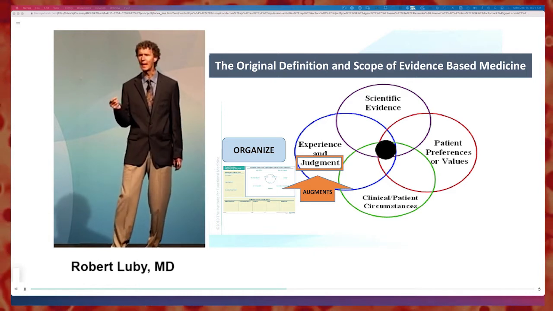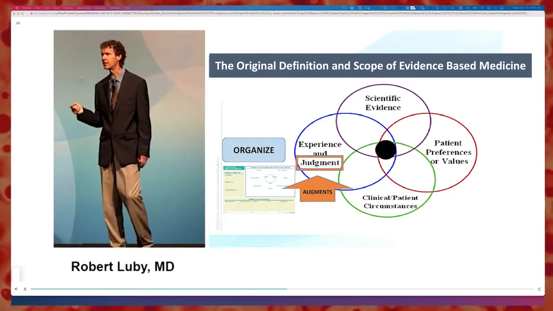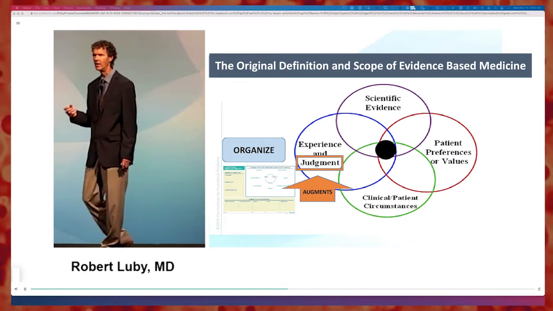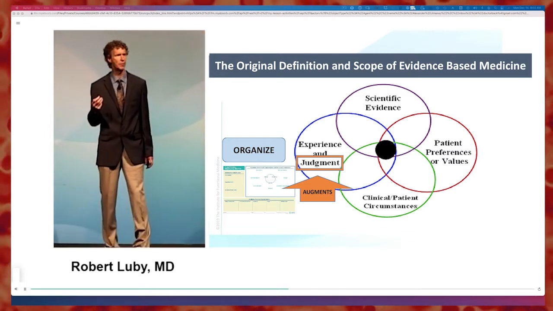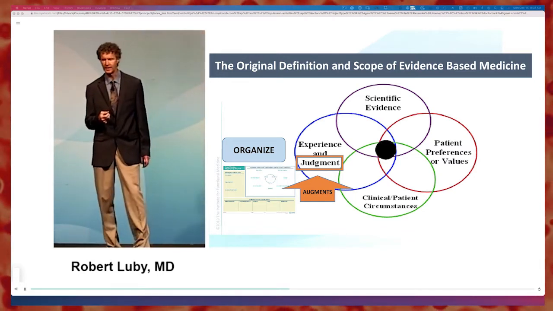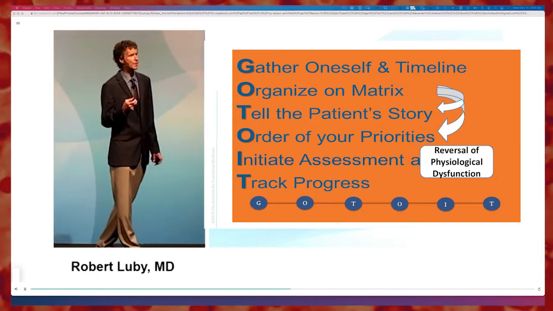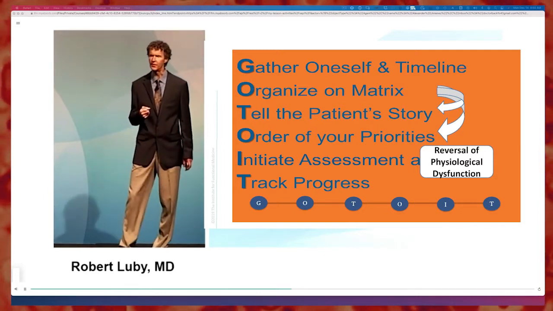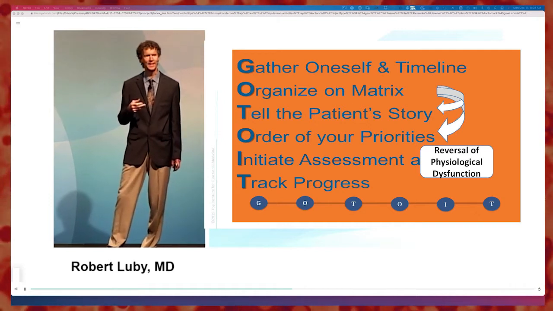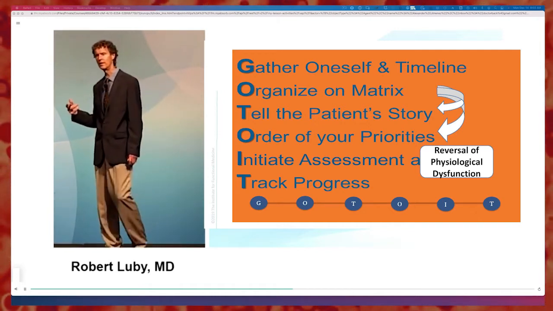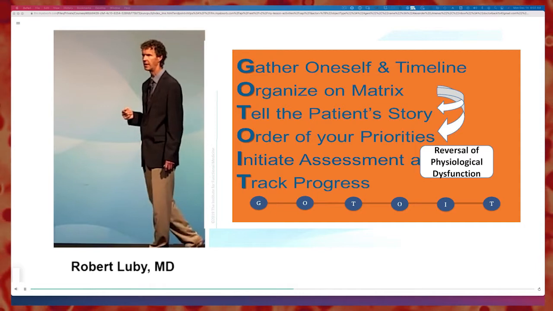So the timeline amplifies your clinical experience. The matrix augments your clinical judgment, drawing evidence from the patient to help you make better clinical decisions to get better outcomes. So you're going to be able to think about reversing physiological dysfunction in this organized step, and it's going to inform you how to tell your story and order and prioritize.